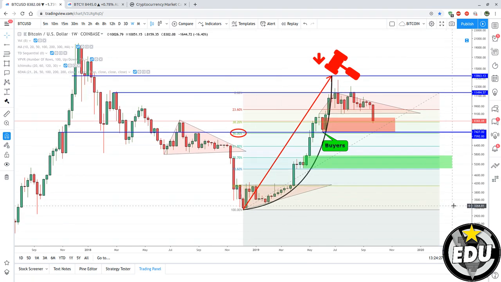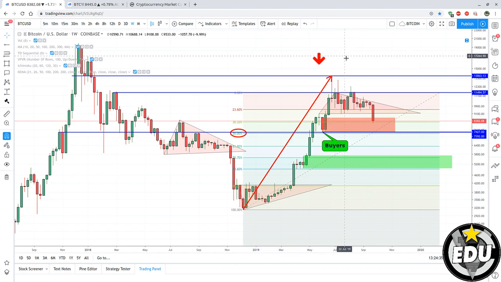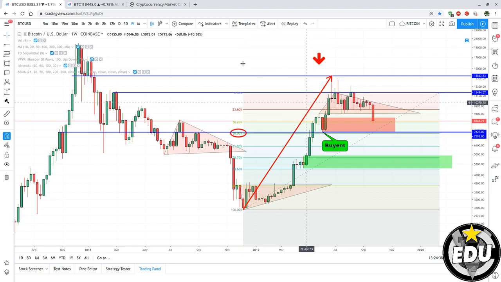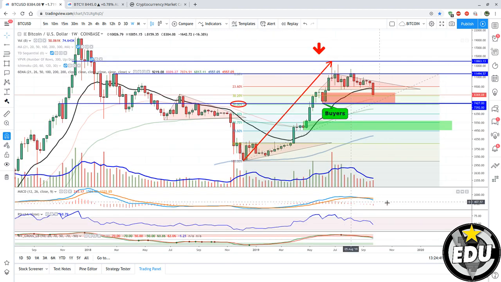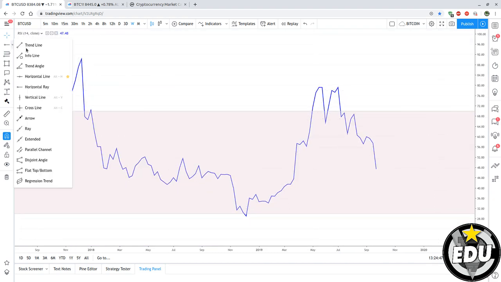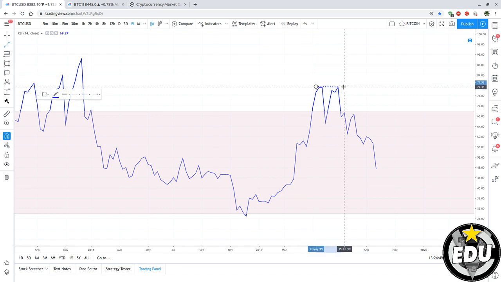So that's what the weekly tells me right now. I don't want to add anything more confusing in the weekly. The only thing I want to show you guys here is that indicators were extremely bearish, starting from the RSI that was making a double top.